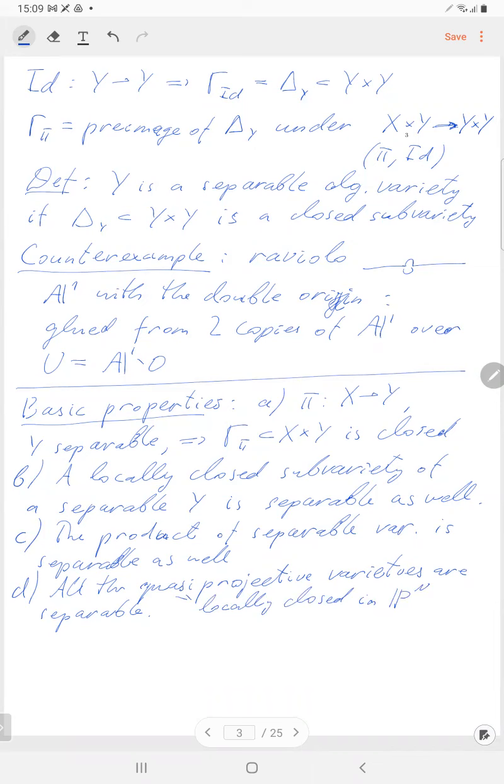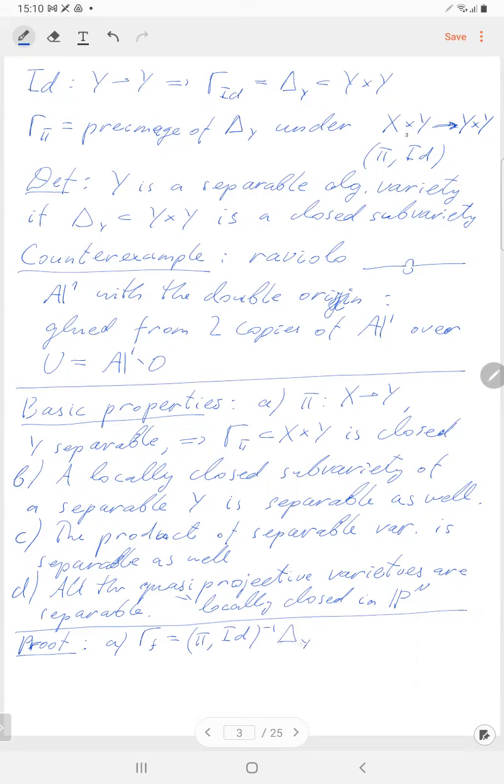Fine. So proof. The first part is essentially clear because you see at the top line of this page, gamma f is the preimage under pi and identity of the diagonal in Y squared.